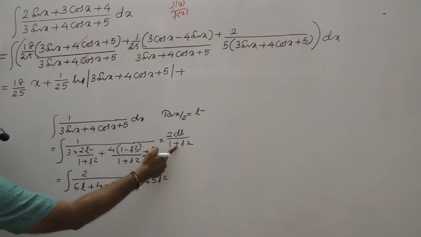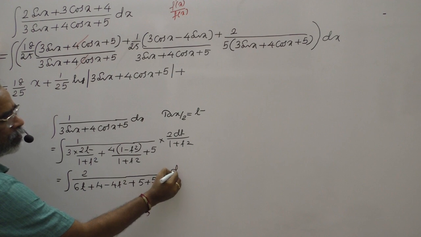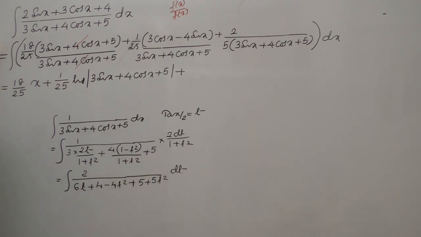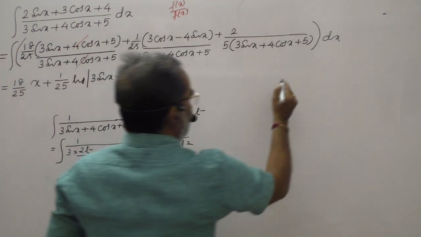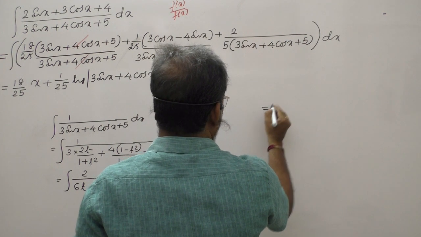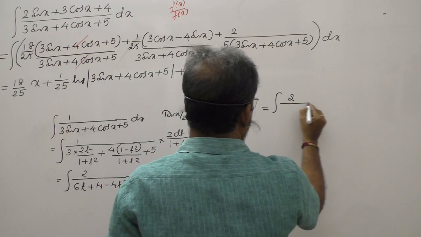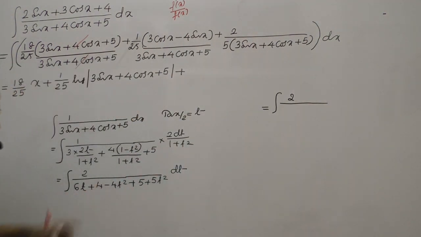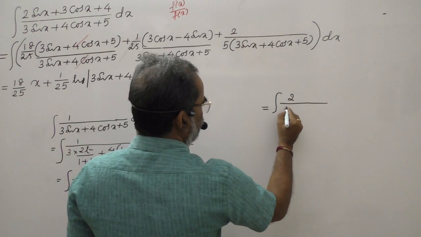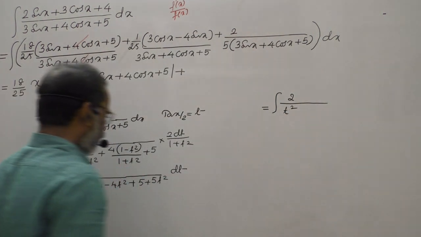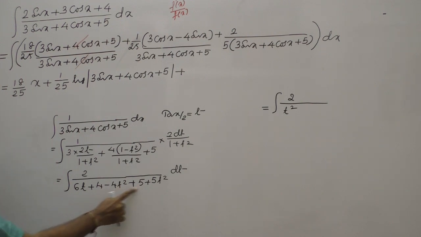The LCM 1 by t square gets cancelled. So this implies, I will write here its continuation. Integral of 2 divided by 5t square minus 4t square, which is t square.